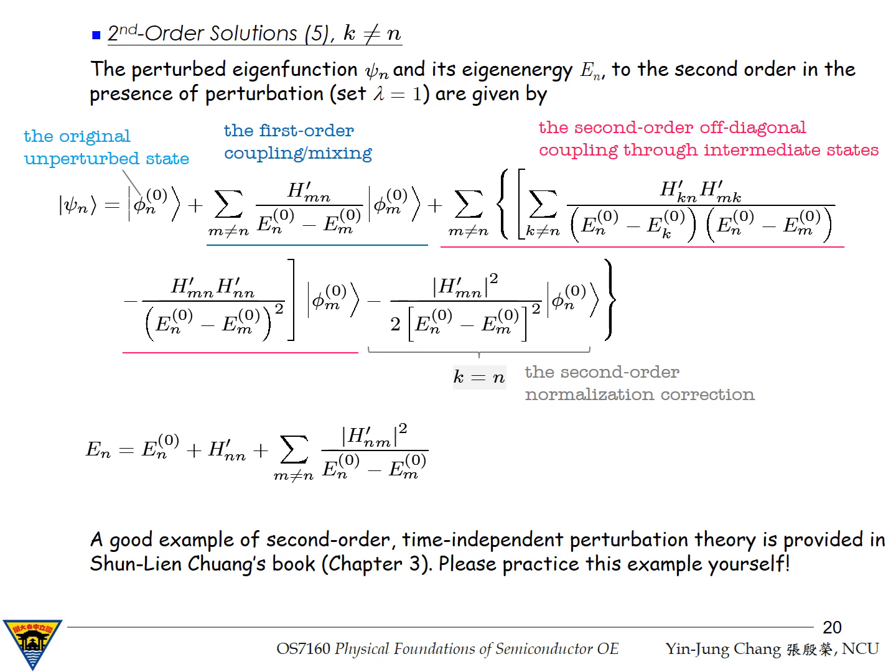So the big picture is now complete. First order theory gives us the leading energy shift and first order state mixing. Second order theory adds energy shifts arising from couplings to other states and refines the wave function so that both mixing and normalization are handled consistently.